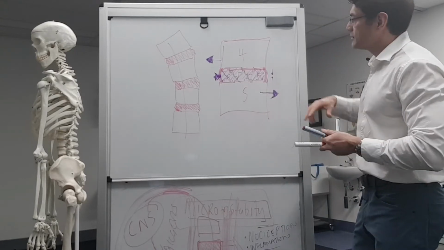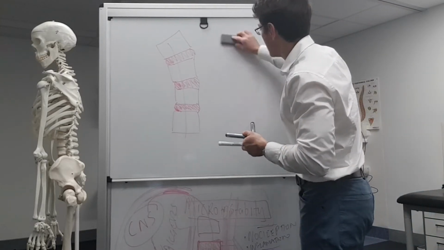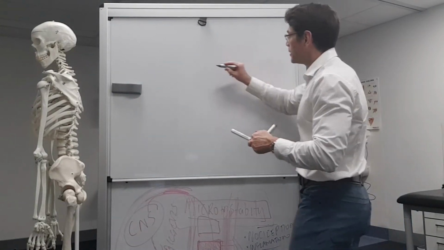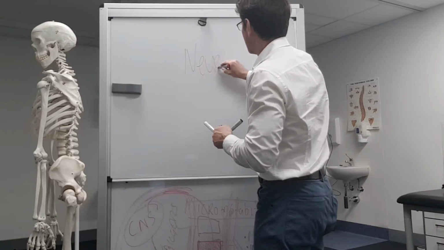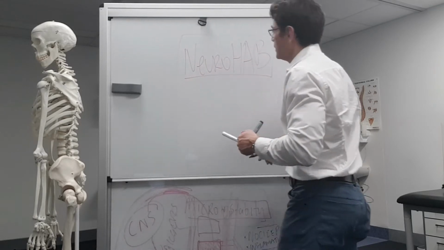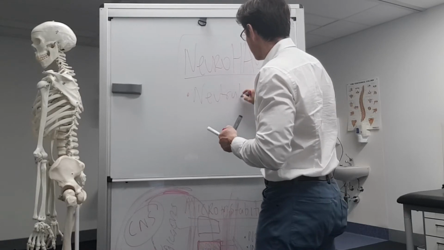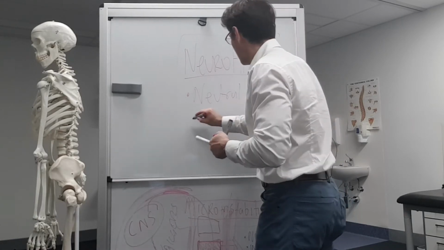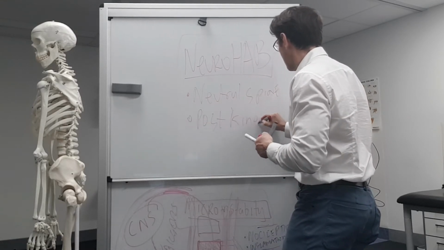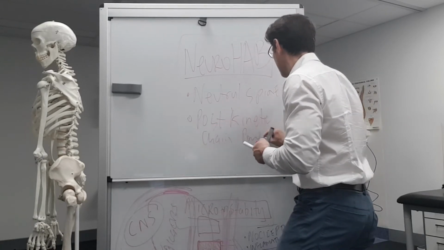It's actually very easy to maintain stable movement, but it requires an understanding of the things that we teach in the NeuroHab program, okay, and anyone who's done the NeuroHab program will understand this, because what we teach is neutral spine awareness, and posterior kinetic chain powered movement.